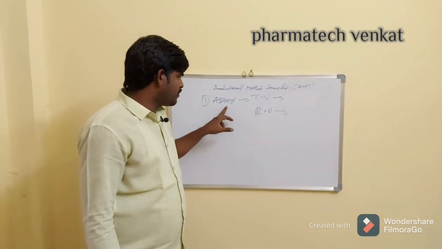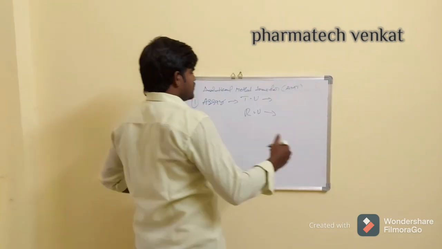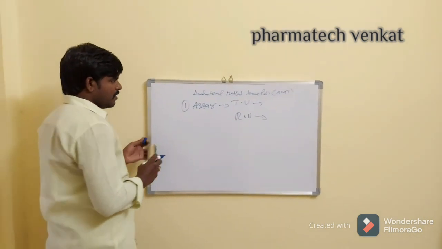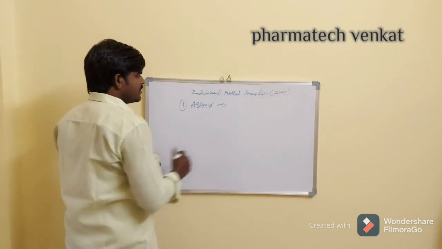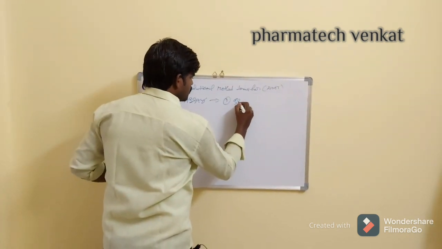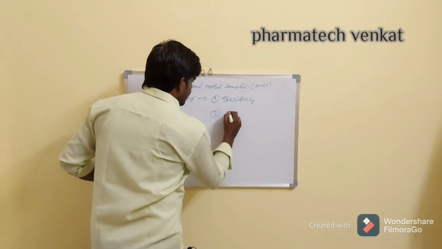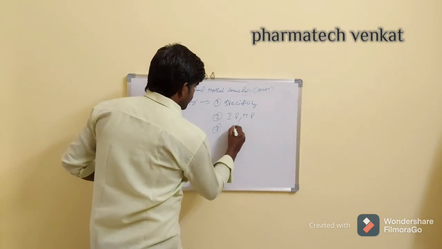So if we want to perform the assay method in the method transfer activity, first they will perform the analysis with 6 preparations. I will explain what kind of parameters we need to perform. One is specificity, the first important thing, then IP and MP, and third accuracy.